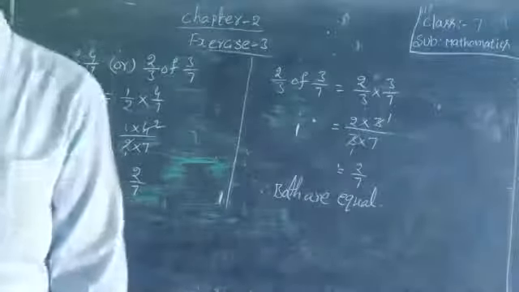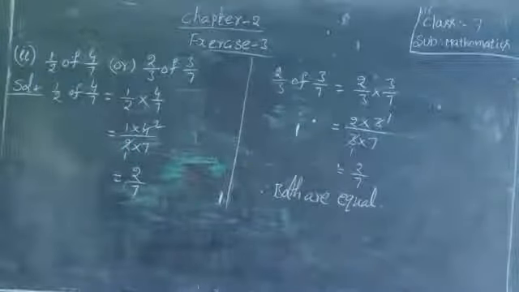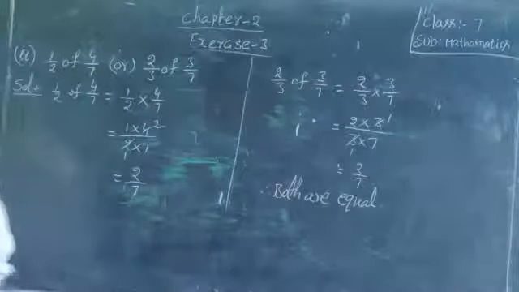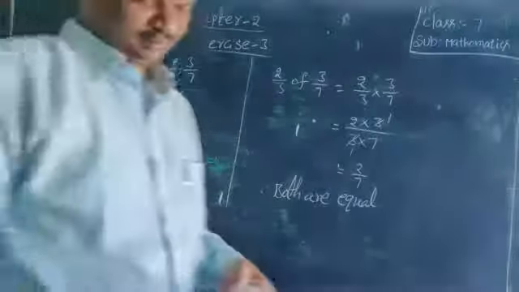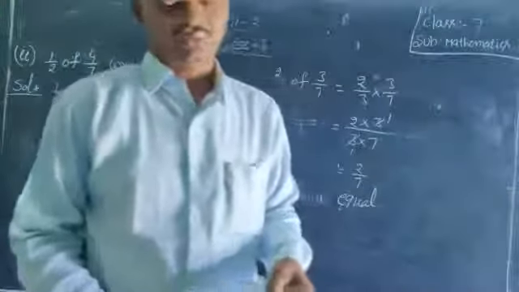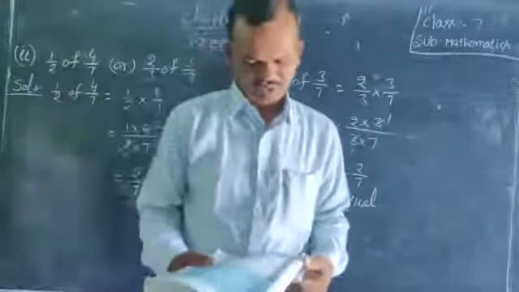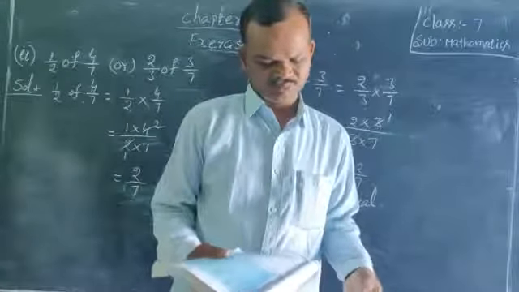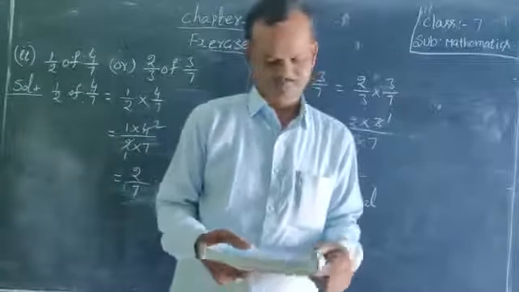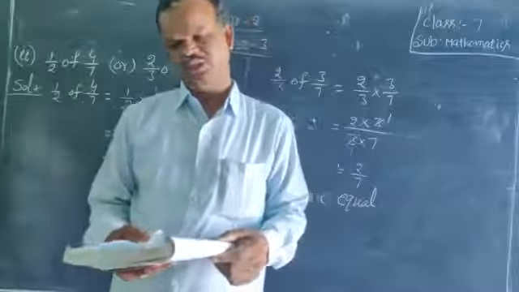And next, write the fourth sum. Rihanna works 2.5 hours each day on her embroidery.